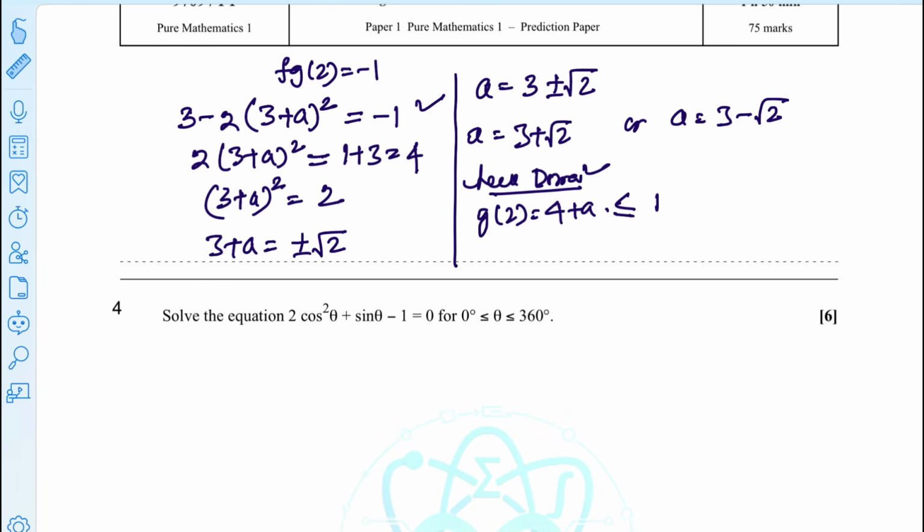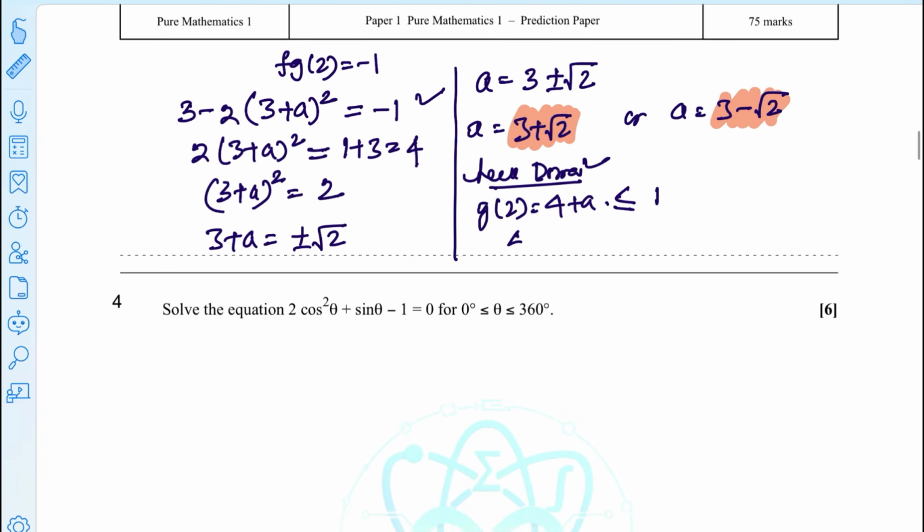Now I'll check this one. One value I have is minus 3 plus root 2, and one value is minus 3 minus root 2. I'll check which one gives me less than or equal to 1. For example, instead of a, I'm going to put minus 3 plus root 2.